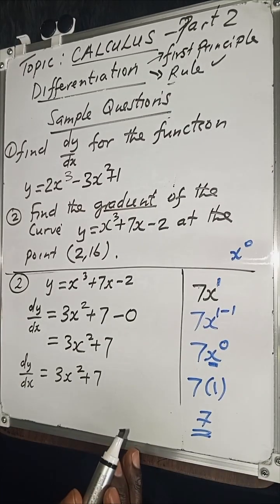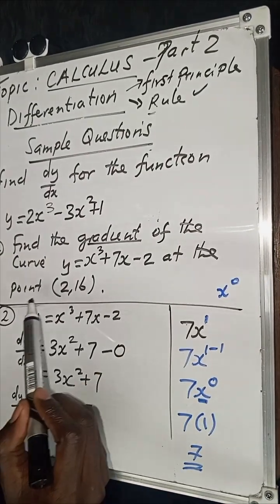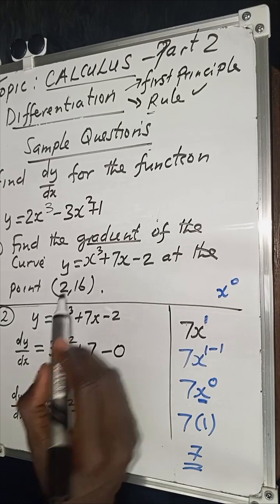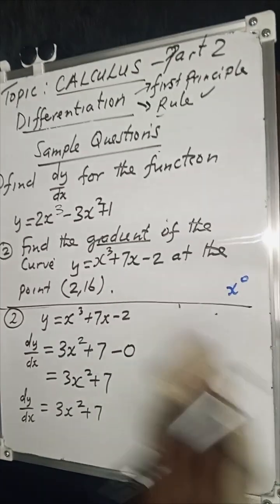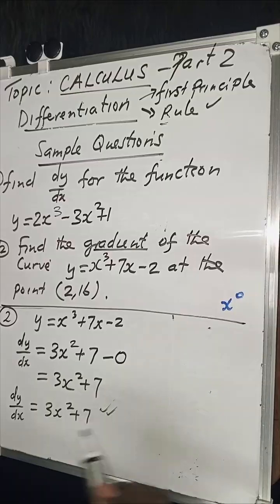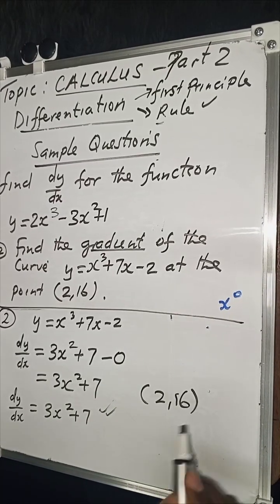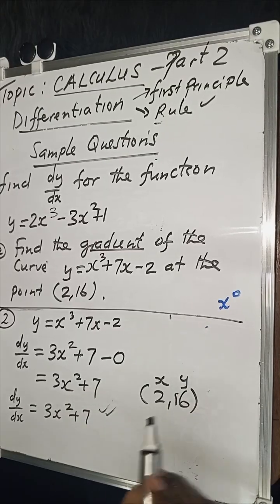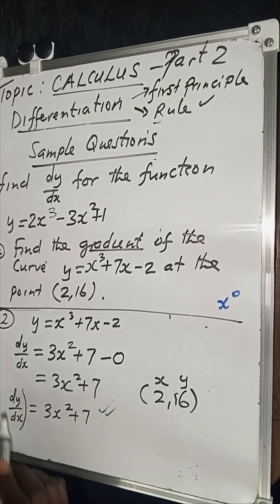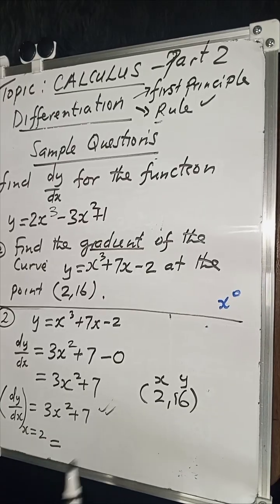Now the question wants you to find the gradient at the point they have given you, 2,16. The value of x is simply 2 and the value of y is 16. They are telling you in simple terms: when x is 2, what is the gradient?